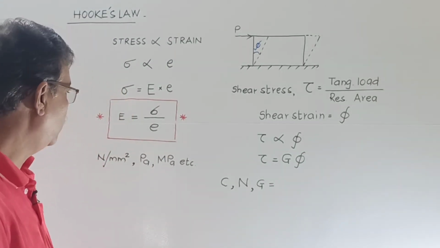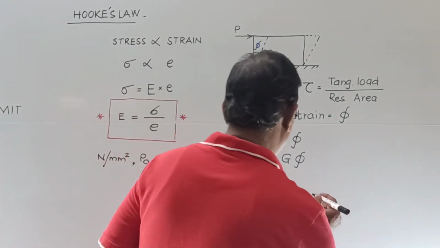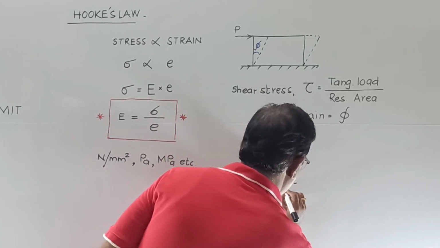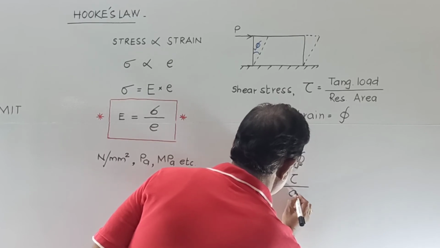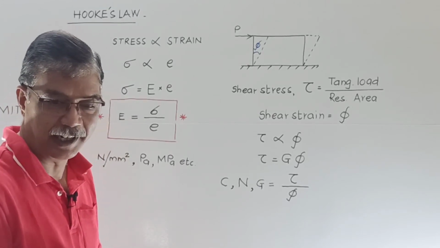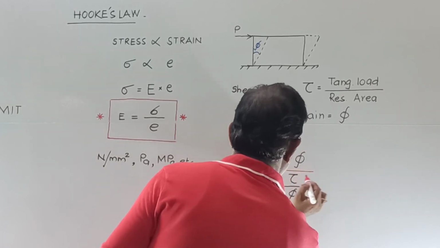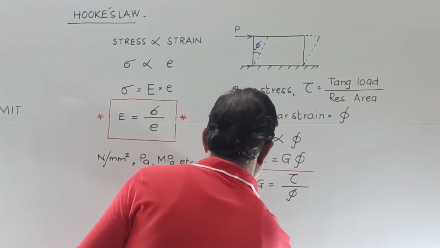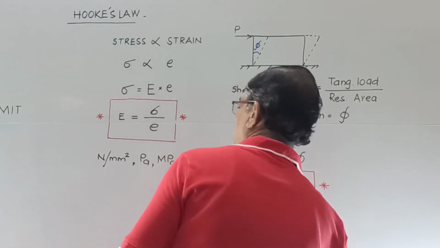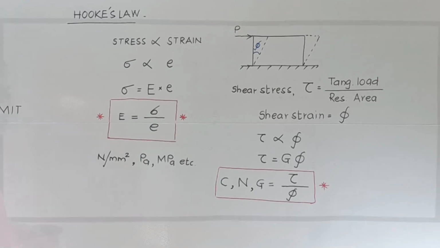What is G? Modulus of rigidity. What is E? Modulus of elasticity. So what will be G? G will be equal to shear stress upon shear strain, will be modulus of rigidity. Okay, so mind well, what was E?